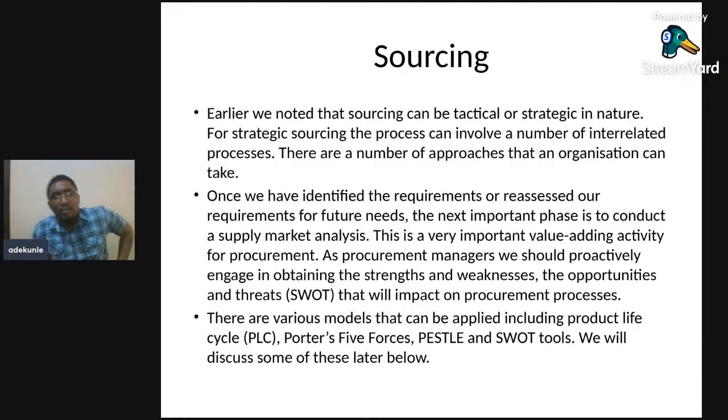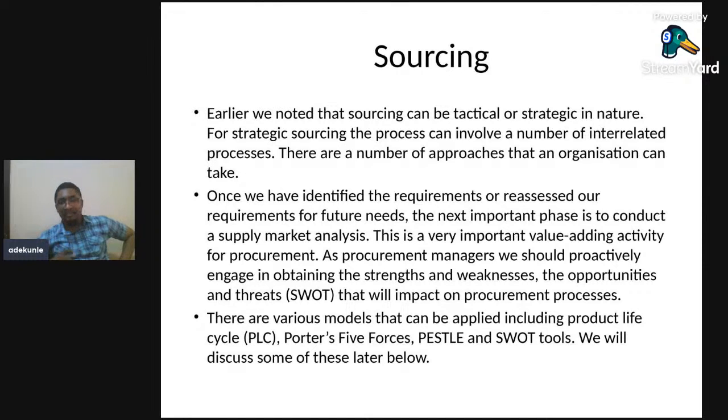Of course, once you have identified the requirement and reassessed it for future need, one of the next important things you will do is conduct a supply market analysis. The market analysis is important. Sometimes we call it macro environment scanning.